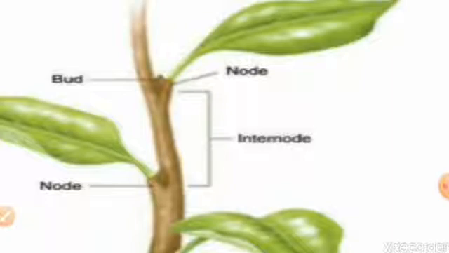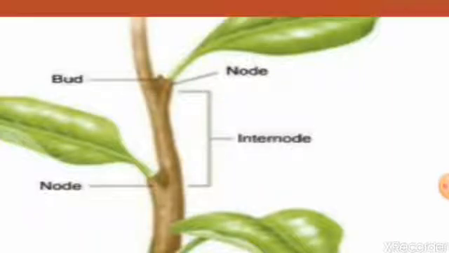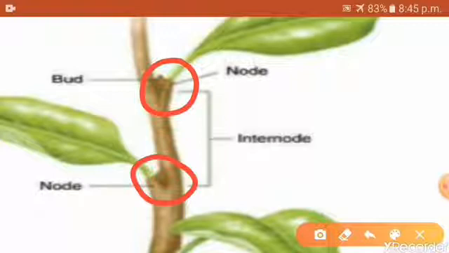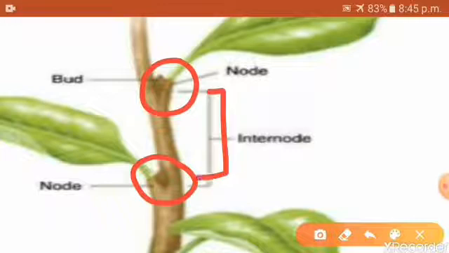Nodes are the parts of the stem where the leaf arises. The part of the stem between the two successive nodes is called internode. That means the space between the two nodes is called internode.